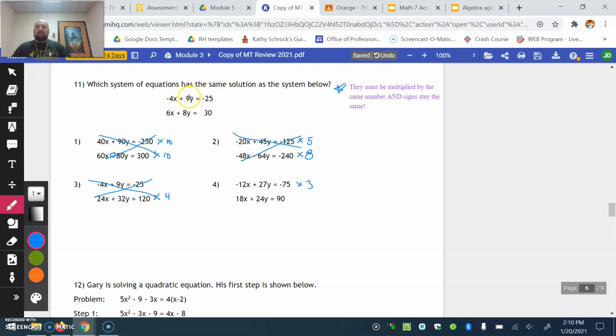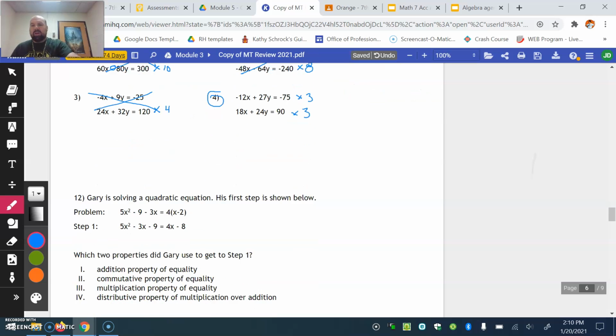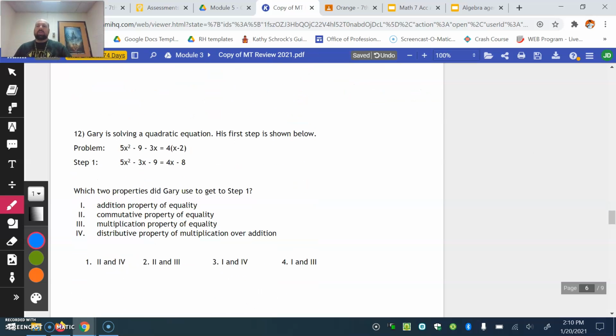Negative 12x, yep. 27y, yep. Negative 75. Okay, so did I do the same thing for the second one? I hope so. 3 times 6x, 18x. 3 times 8y, 24y. 3 times 30, 90. Yes, it is. So this one works. Good. All right, let's move on to number 12.